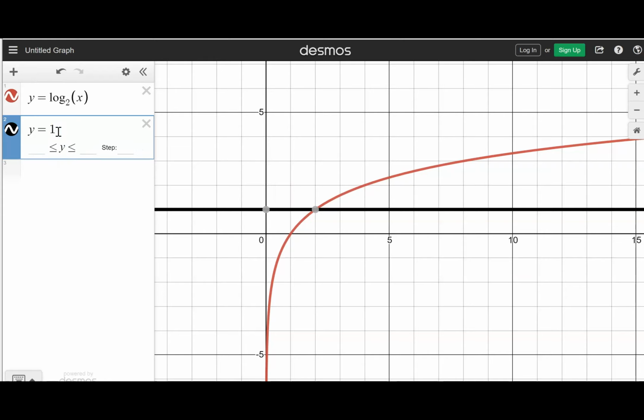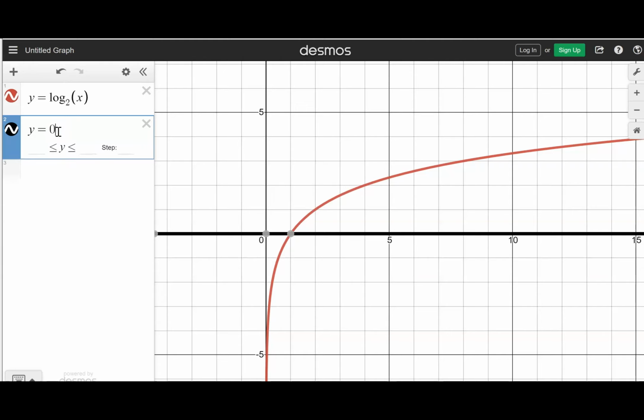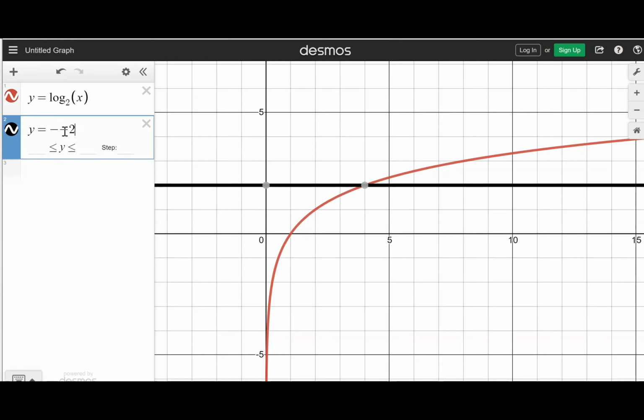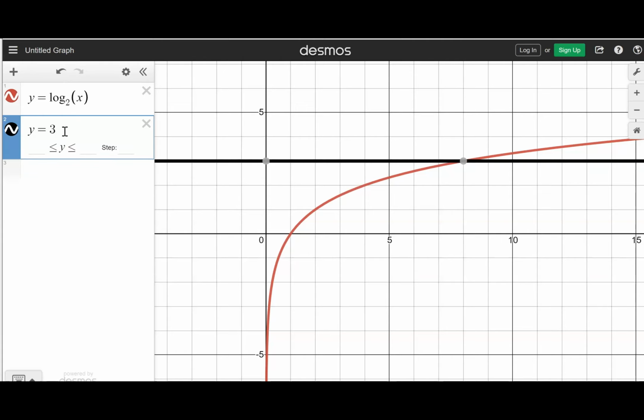I could even change the horizontal line to go through at different points, but it would only ever intersect the graph one time, no matter which y value I chose. I would only ever have one point of intersection, meaning only one input for that output. There's no way I could have a different input that goes with that same output.